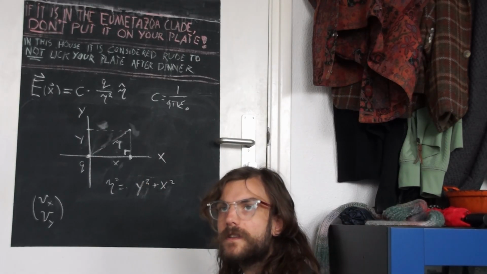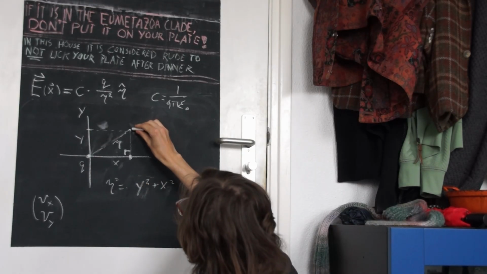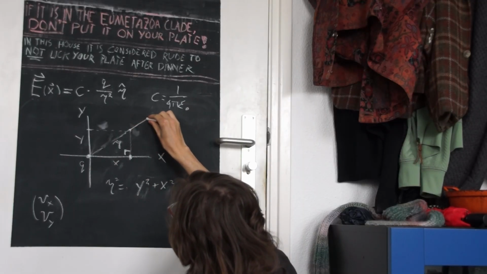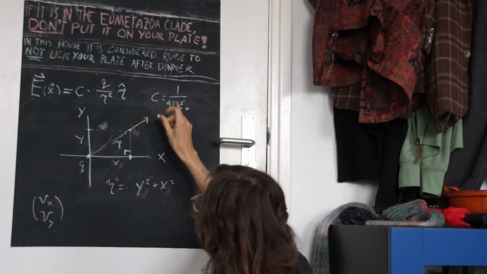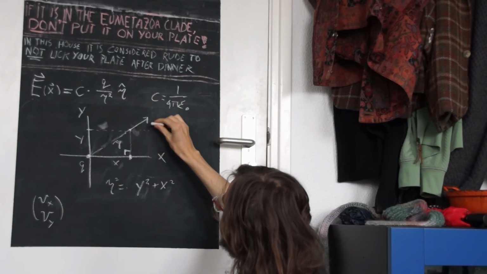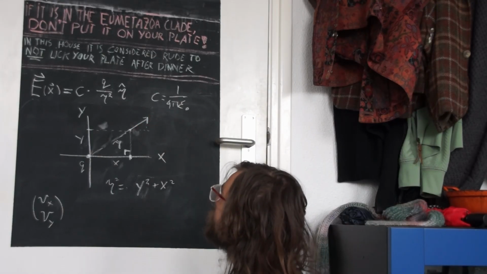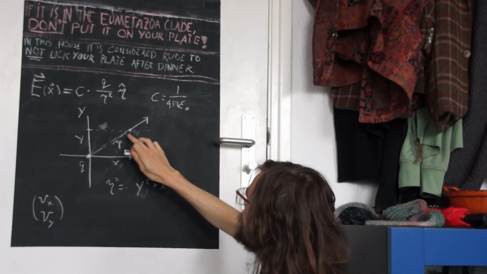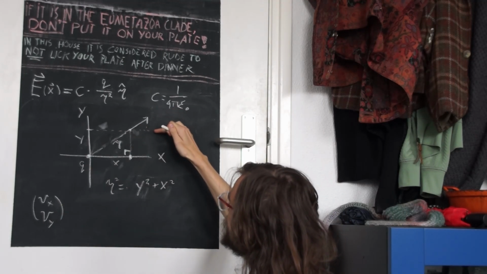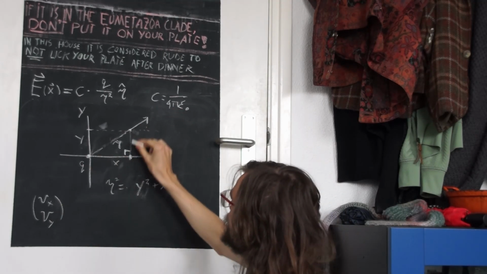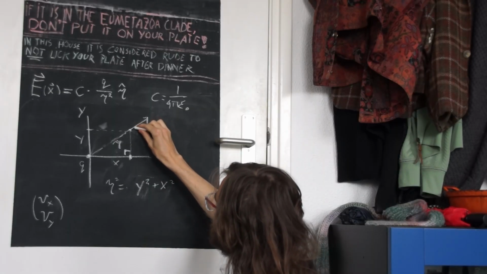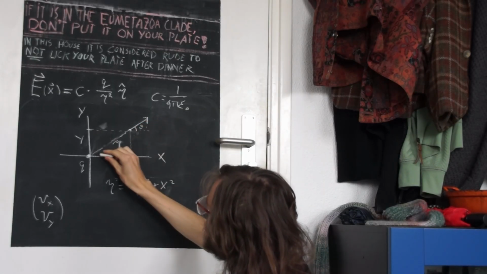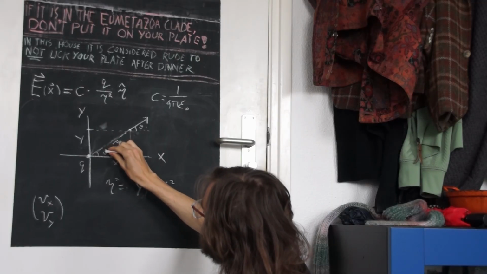Now we want to know the direction of our electric field. We know the strength very easily, but the direction is pointing away from our charge, of course. And we write down a vector by knowing its x component and its y component. So we can use the fact that these two are like triangles, and we can define our little angle theta here. Theta, and that's going to be equal to this one.